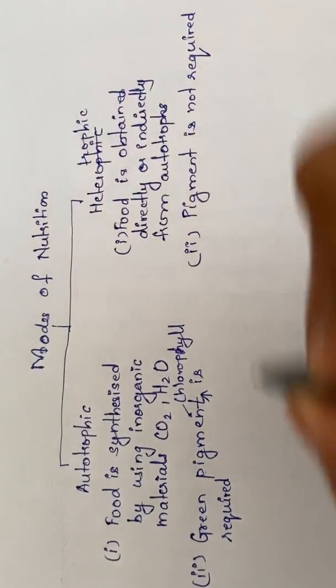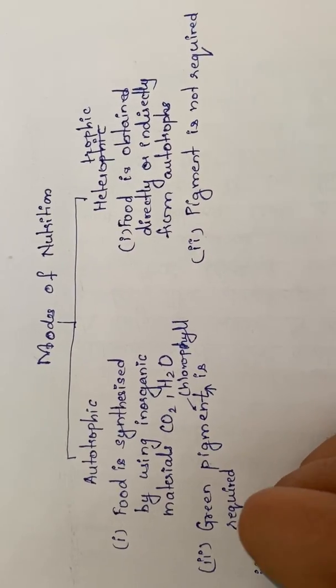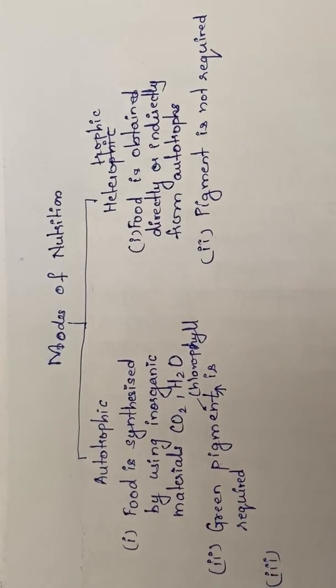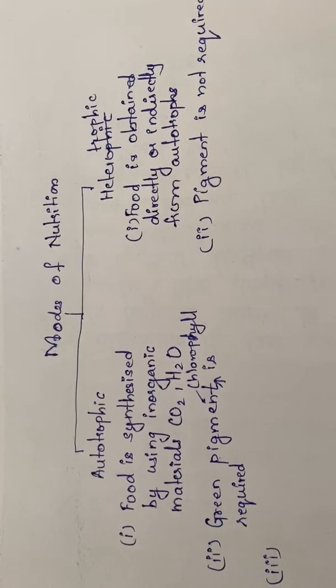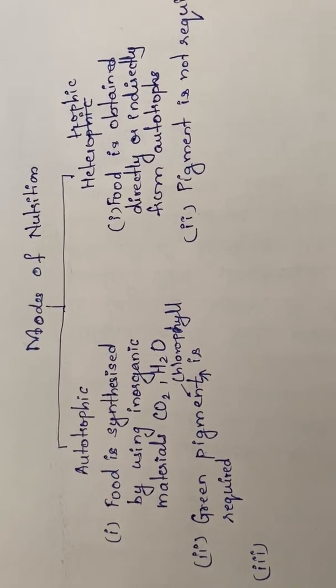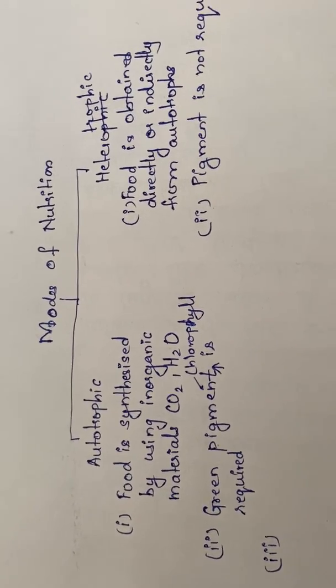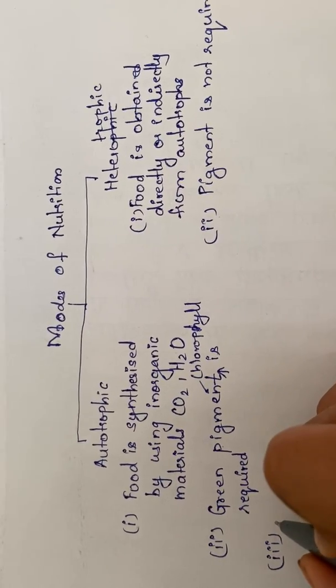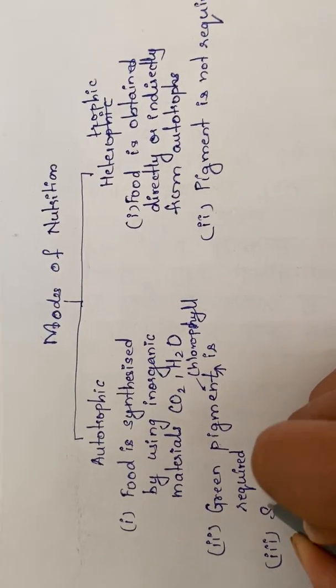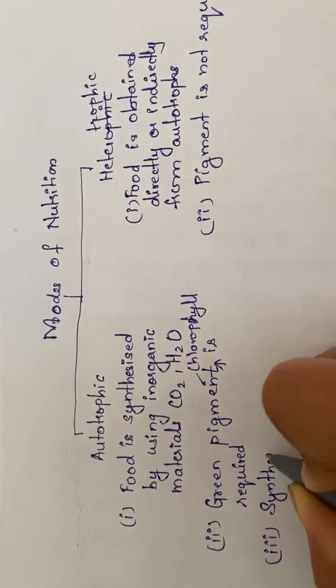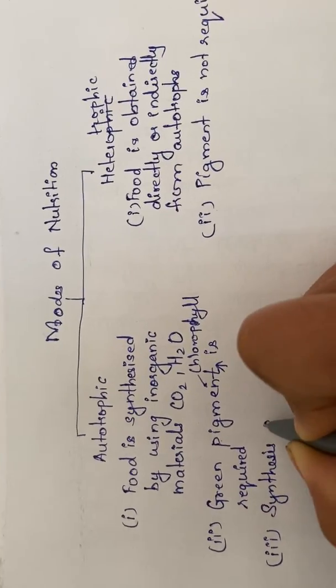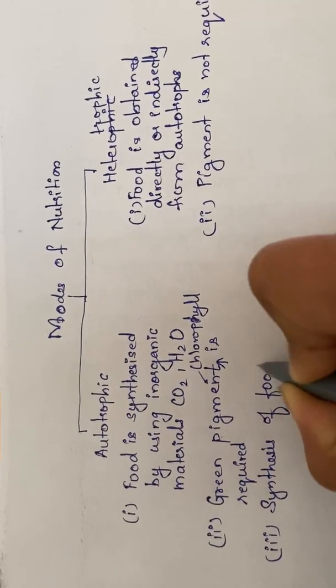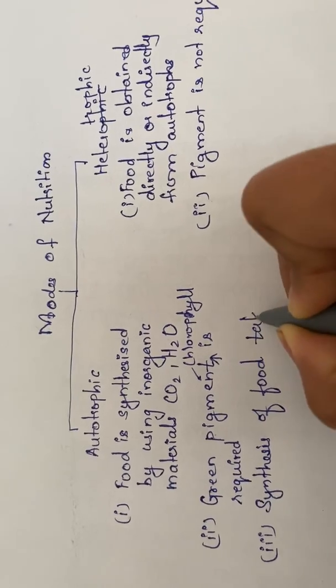Third point is that this type of nutrition, autotrophic nutrition, generally takes place in the presence of light. Therefore, you can say that synthesis of food takes place during the day.